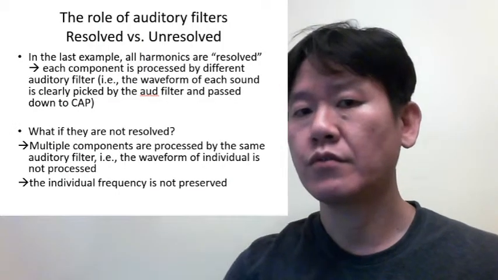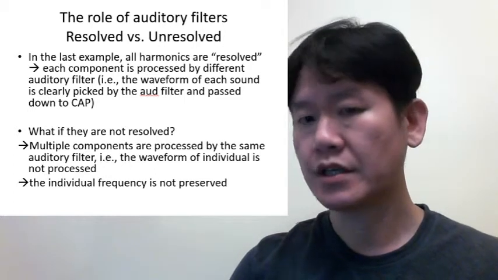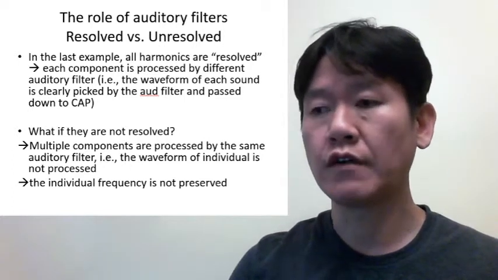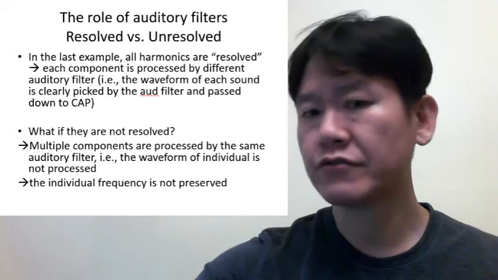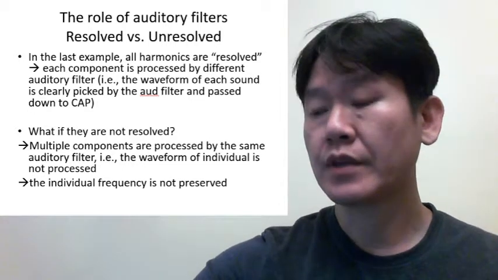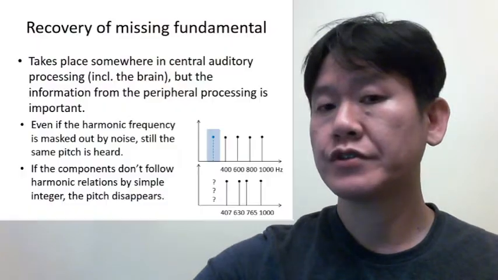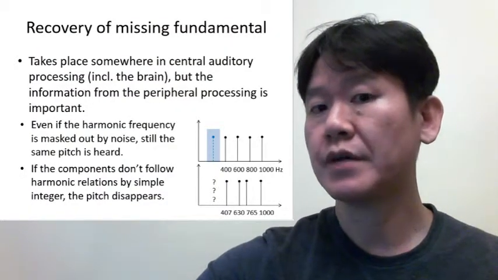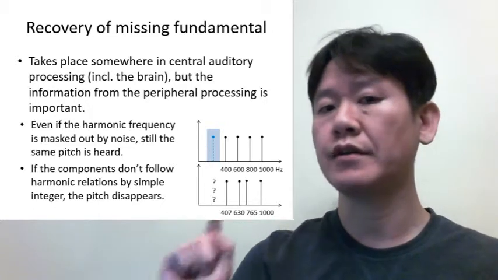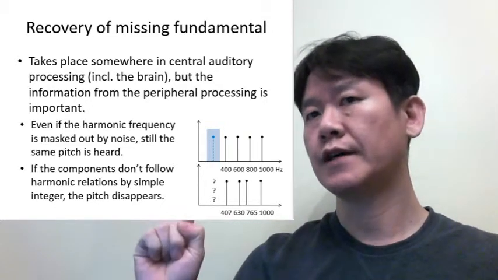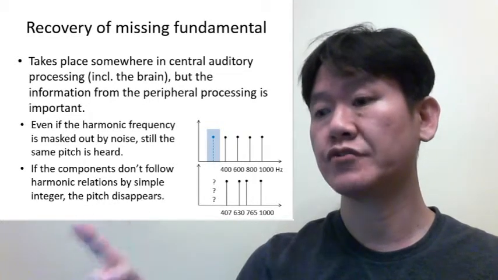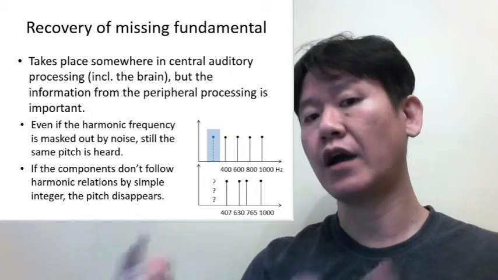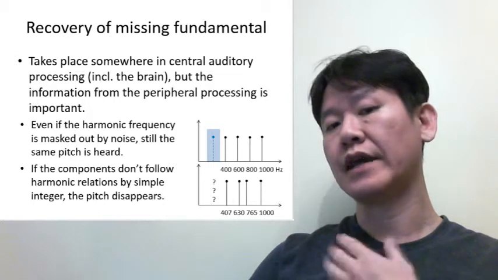So next slide. We are going to consider what really happens. What is the role of auditory filters? Go back to the slide again. I just mentioned that the recovery of the 200 hertz component is possible as long as the listener has the ability to resolve individual components, 400, 600, 800, and 1000, that are in harmonic relation.